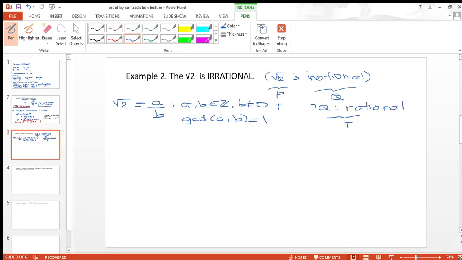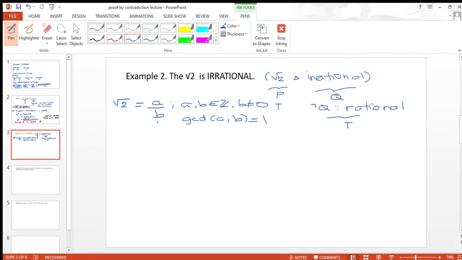So when we say that a fraction is a rational number, then the greatest number that can divide both must be equal to 1. An example is 1/2. 1/2 is a rational number because the greatest common divisor of 1 and 2 is equal to 1.